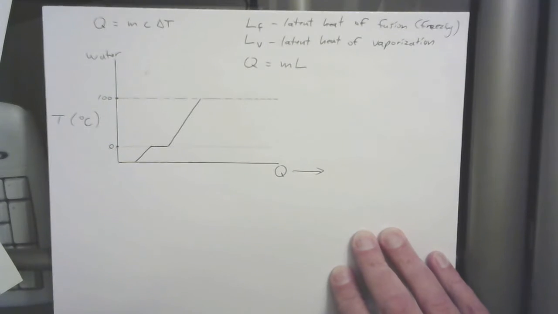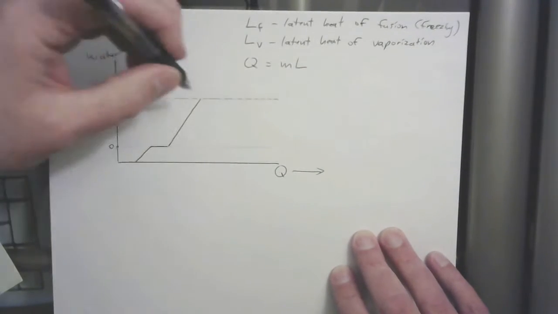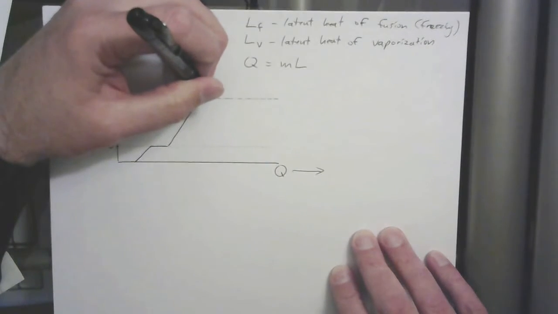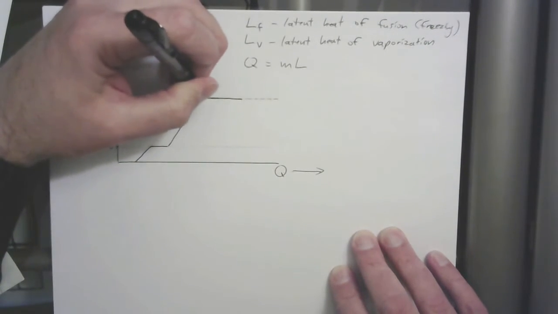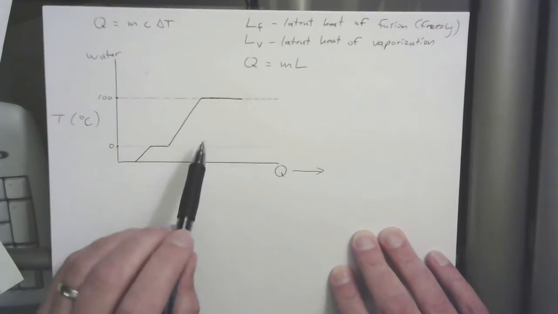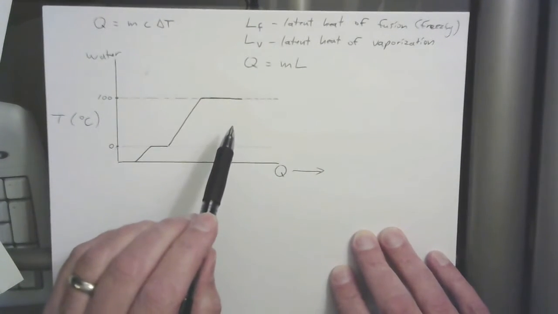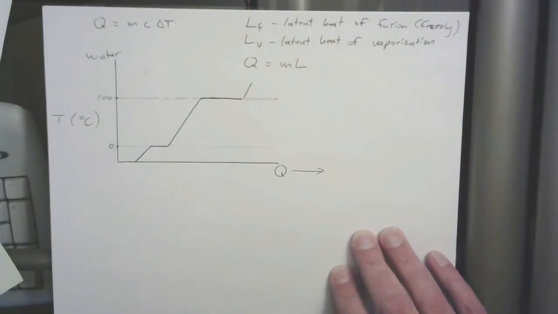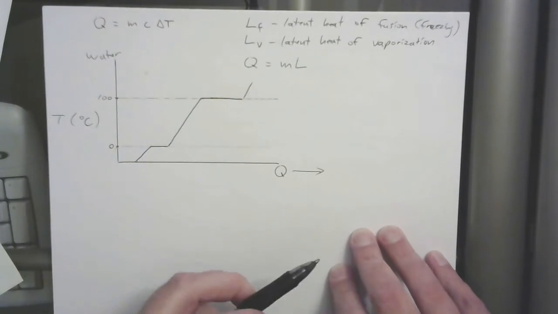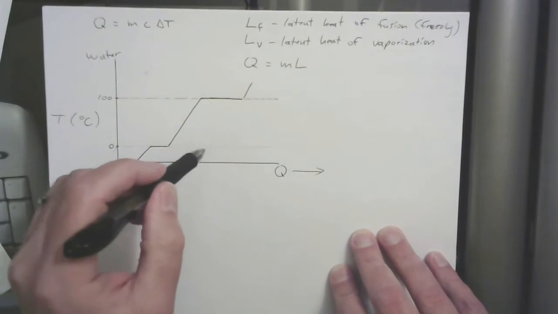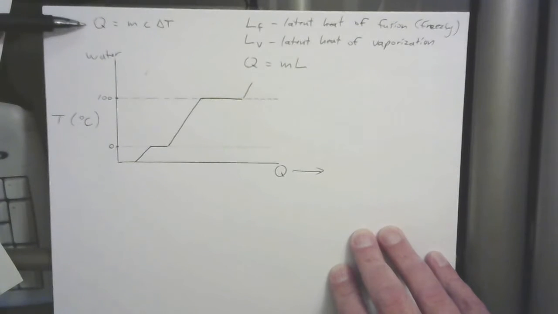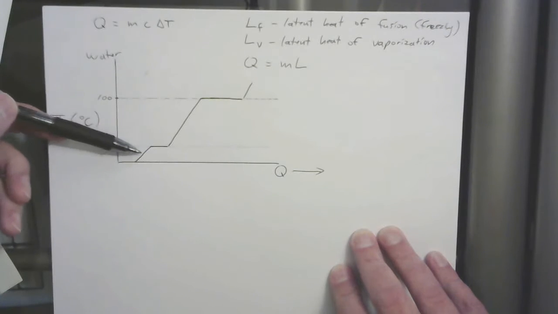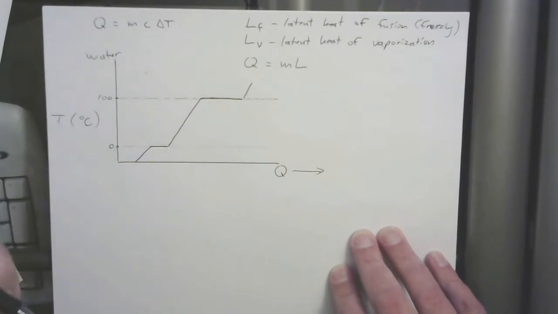And then you hit the vaporization temperature of 100 Celsius. And again, you've got a mixture of liquid and gas for a while. So here's the latent heat of vaporization for a while. And then finally you hit the gas phase and up it goes again at a slant. So on the slanty portions, this is the formula you use. And then the specific heat you use will be different for ice, different for liquid, different for vapor.